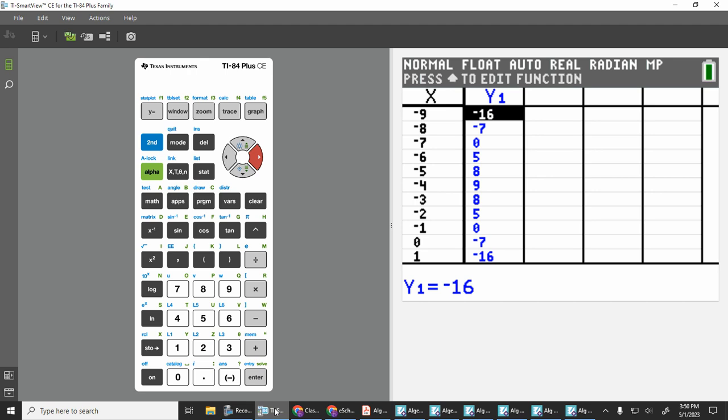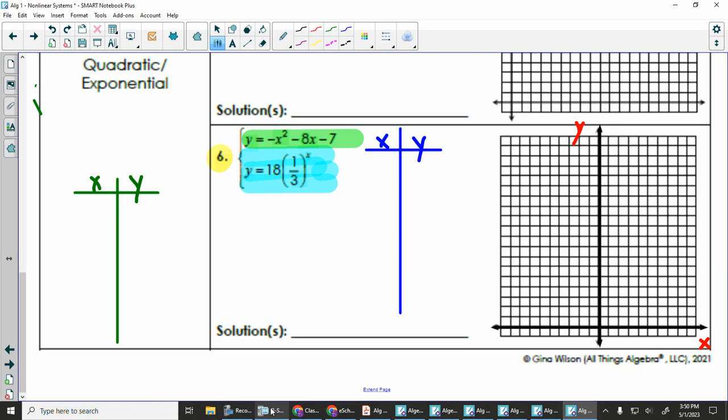Well, negative 16 and negative 7, those are both in the negative direction, and we're not going to be able to fit those on this graph paper the way they have it drawn for us. So the highest we're going to be able to go is this point, negative 7, 0 here. All right, so we're going to start at negative 7, 0, and we're going to go to 0, negative 7. So my x's here are going to start at negative 7 and work to 0.